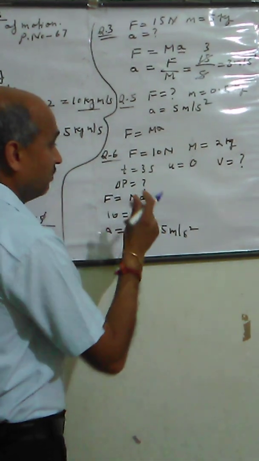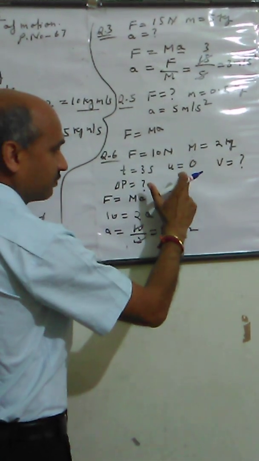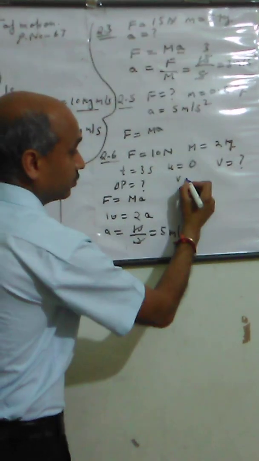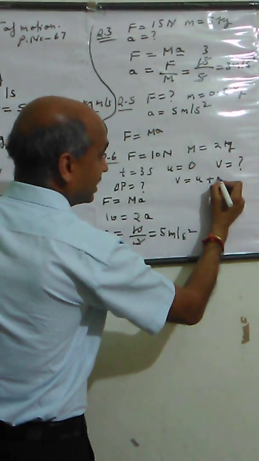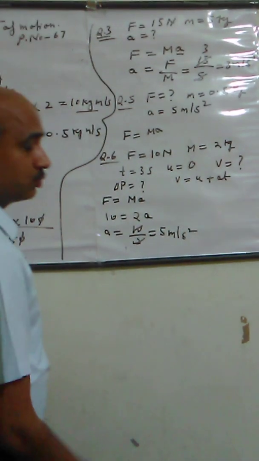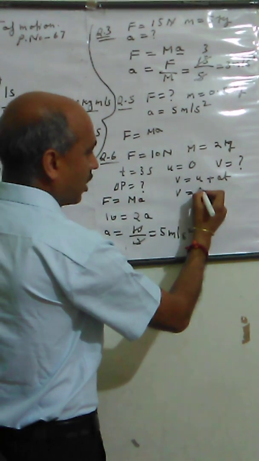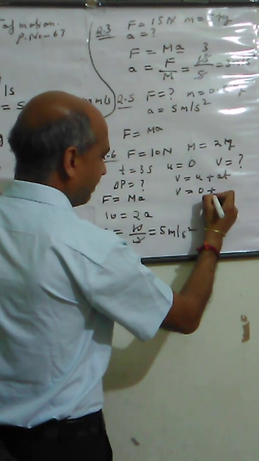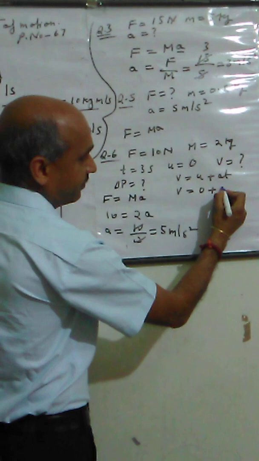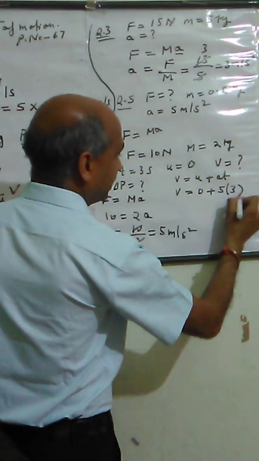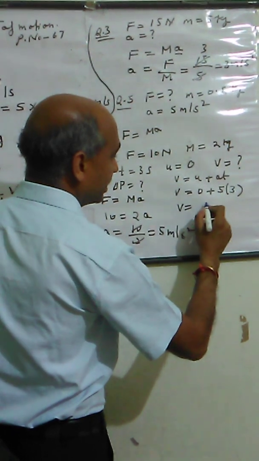Now we have to find the value of final velocity. By Newton's first equation, v equals u plus at. u is 0, a is 5, and the time is 3 seconds. So v equals 15 meters per second.